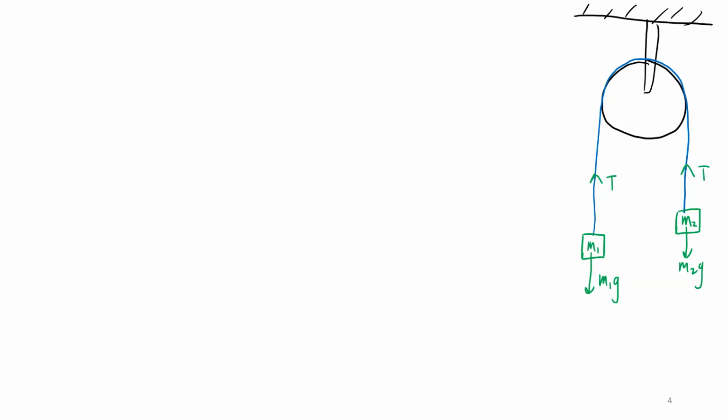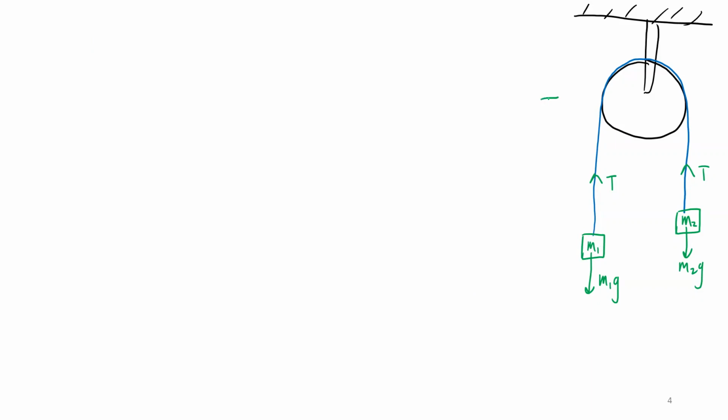Now if I ask you to find the acceleration of the system, how do you do that? You just consider the forces acting on the two masses. Let me define the coordinate.